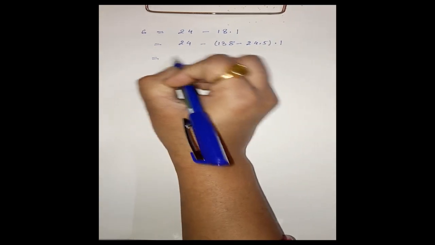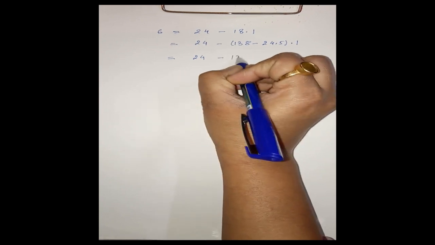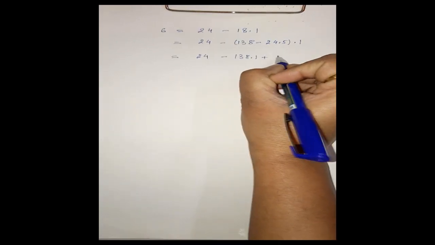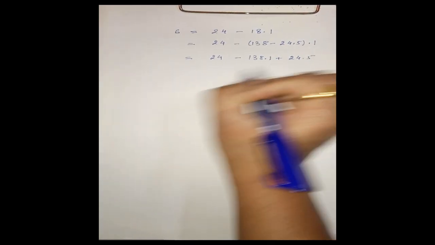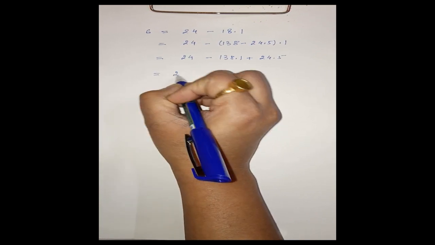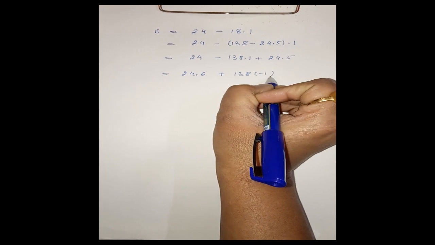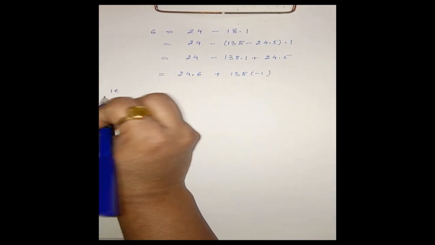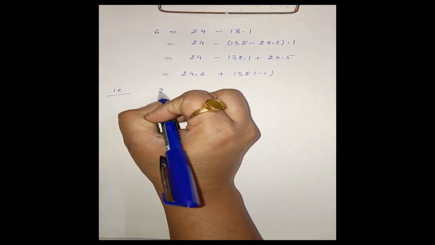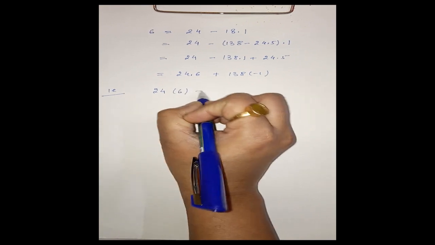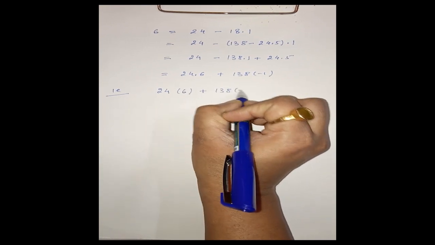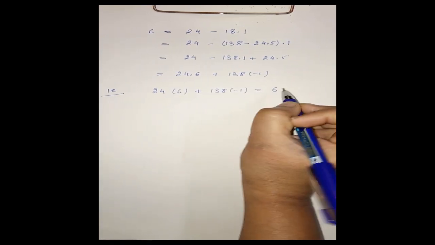That is 24 minus 138 into 1 plus 24 into 5, that is 24 into 6 plus 138 into minus 1. I can write like this: 24 into 6 plus 138 into minus 1 is equal to 6. Call this equation 1.